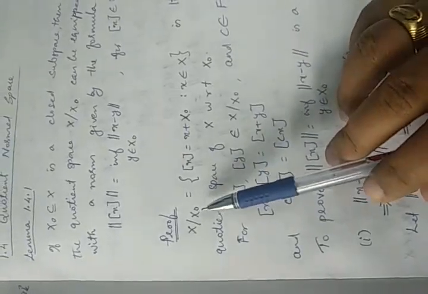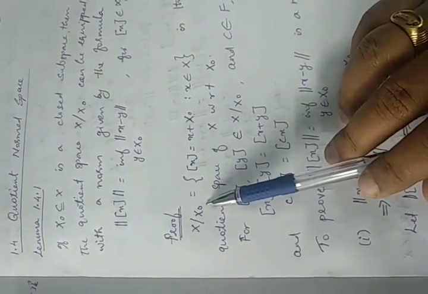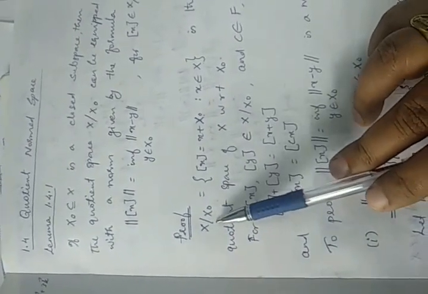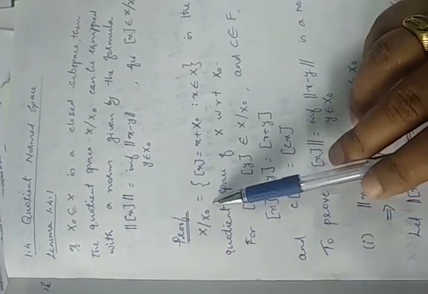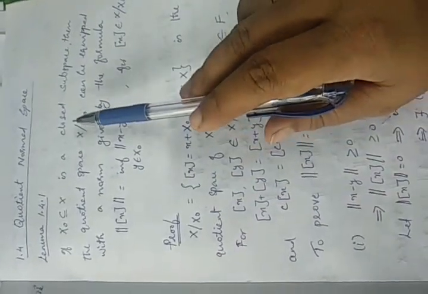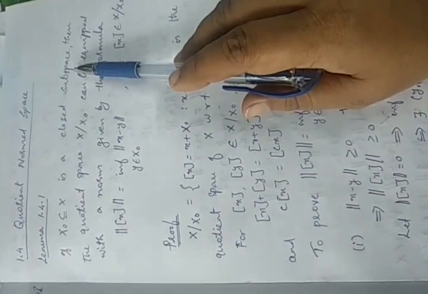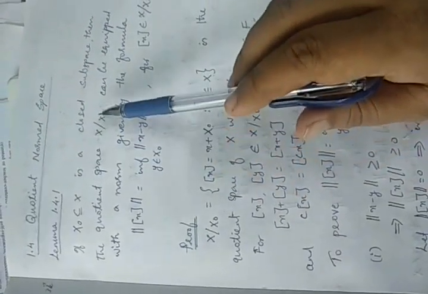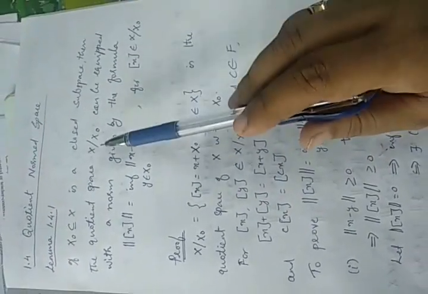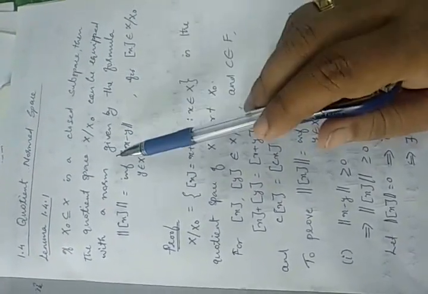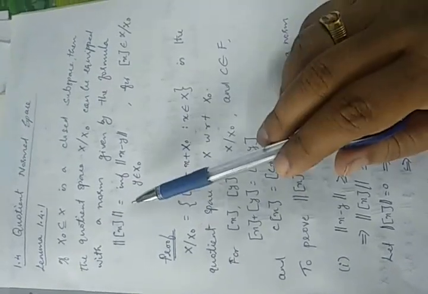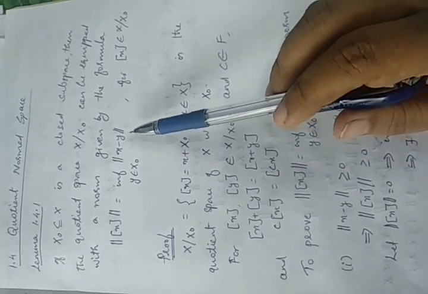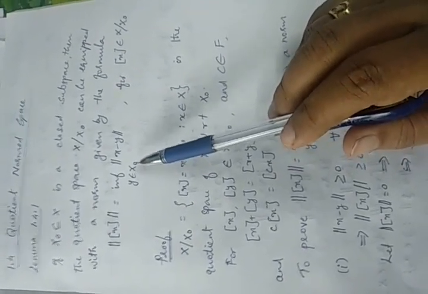Now, our aim is to make this linear space into a normed linear space. For that, we have to define a norm on this space X by X0, and it is possible only when X0 is a closed subspace of X. So, if X0, a subspace of X, is a closed subspace, then the quotient space X by X0 can be equipped with a norm given by the formula: norm of class X is equal to infimum of norm of X minus Y where Y belongs to X0.